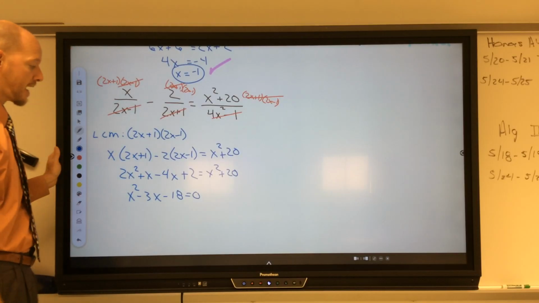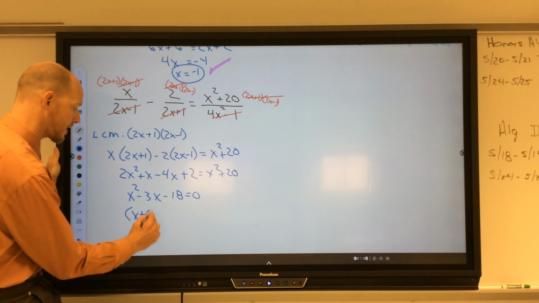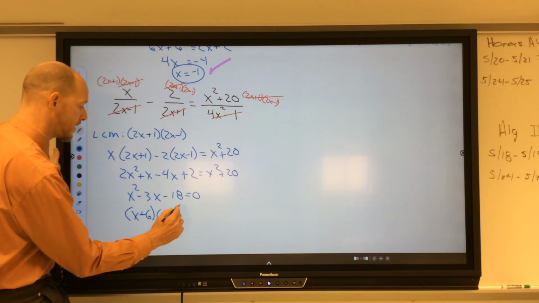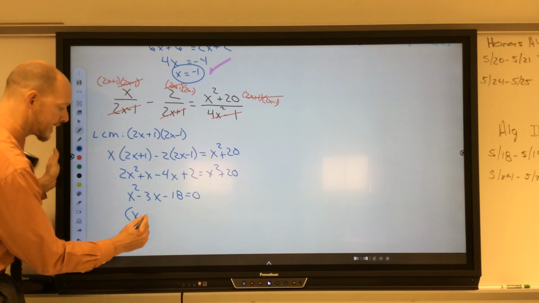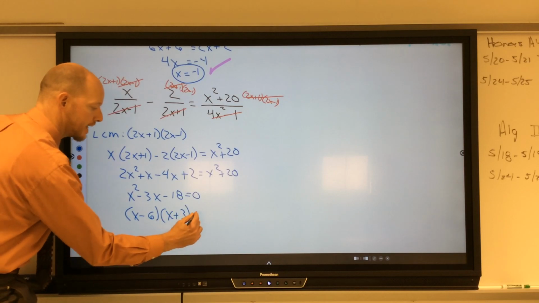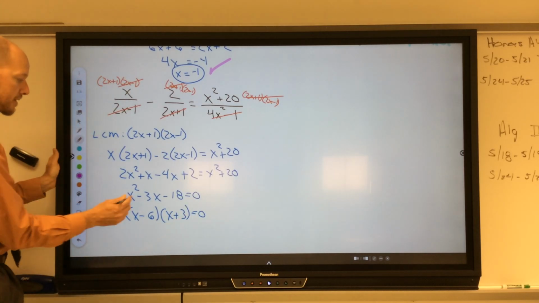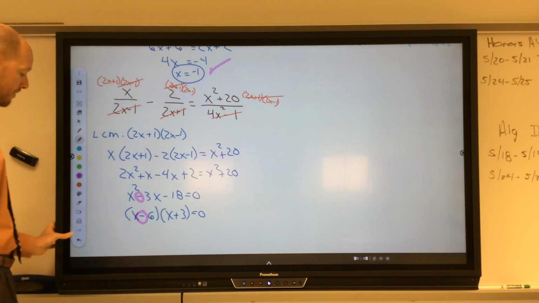This really makes me happy because now I see that this will actually factor into x plus 6, x minus 3. Nope, I lied. Ooh, that was close. I needed x minus 6 and then an x plus 3. And again, the reason I need that is because my middle term is negative, so that's why I knew the 6 had to be the negative.